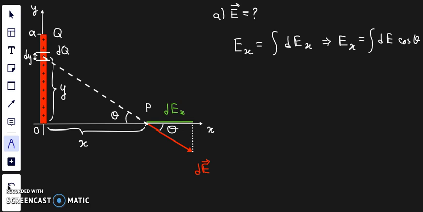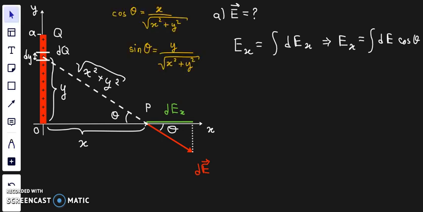So the dashed line is the hypotenuse of this right triangle, and its length is equal to the square root of x squared plus y squared. So let's go ahead and express cosine theta and sine theta in terms of x and y. Cosine is adjacent over hypotenuse. Segment x is the adjacent side for theta, and y is the opposite side for theta. So sine theta is opposite divided by hypotenuse, so that's y divided by the square root of x squared plus y squared.